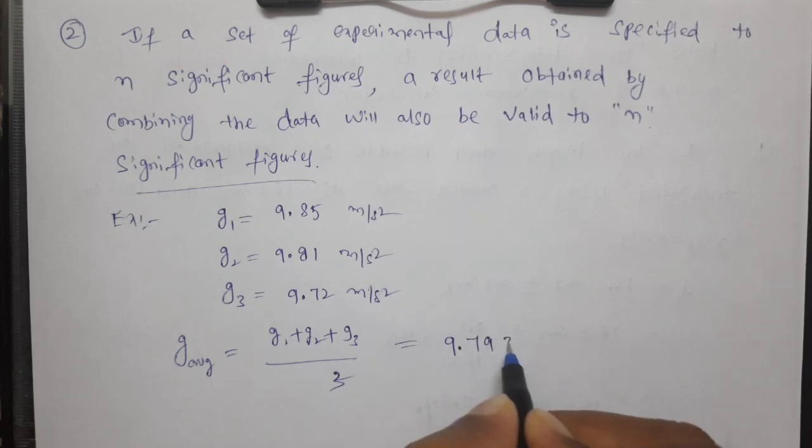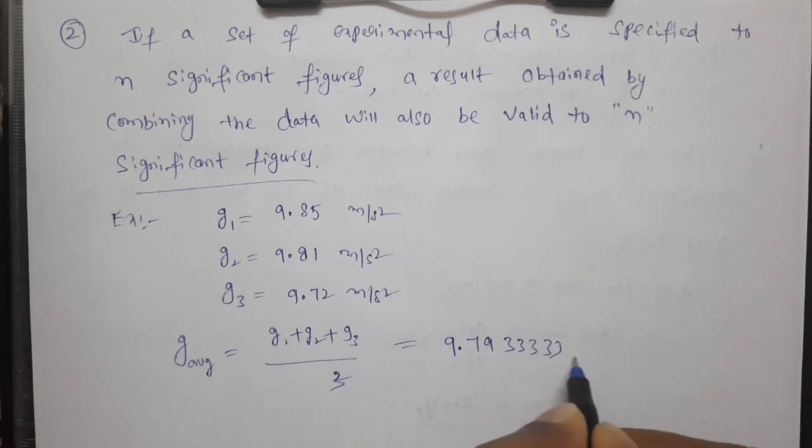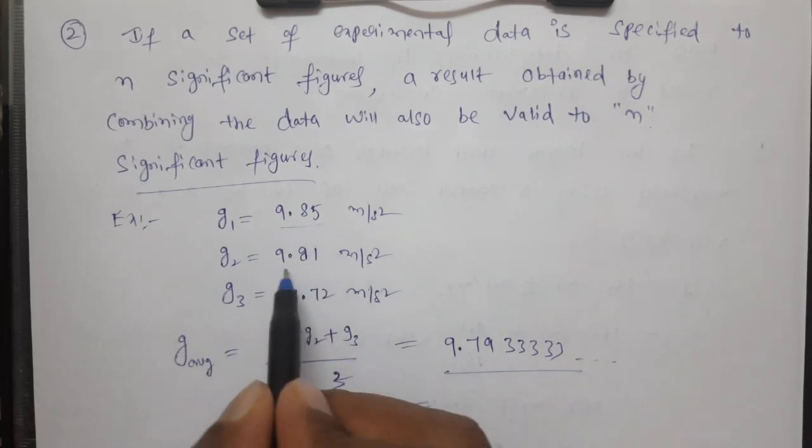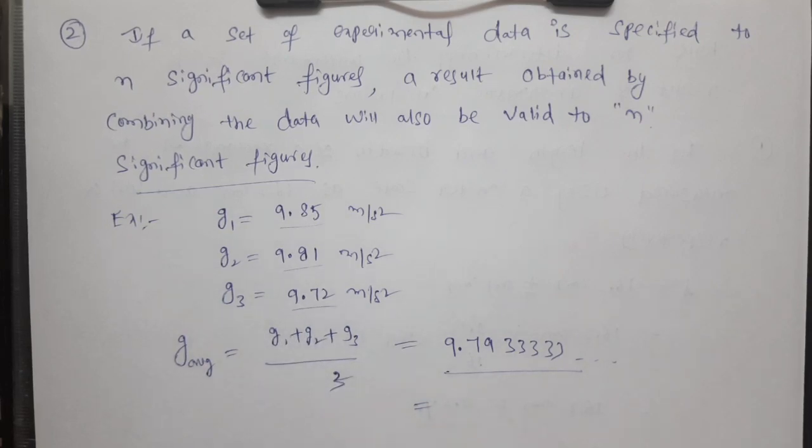But we are not supposed to write like this. So it is valid up to, how many significant figures are there in each measurement? 3, right? So here it will be 9.79 meter per second square. Yeah, this is about the second rule.